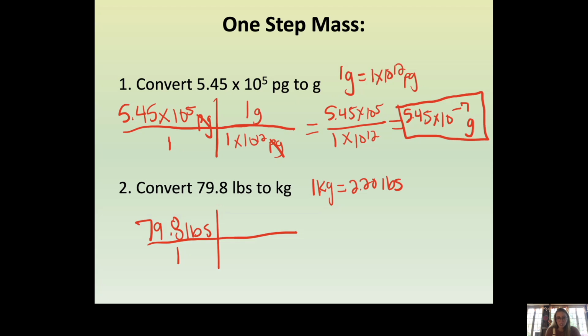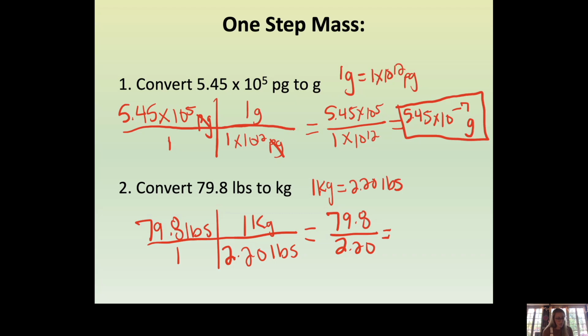Pounds, because it'll match on the diagonal. LBS, 1 kg. Multiply across, so I'm going to be left with 79.8, because 79.8 times 1 is itself, divided by 2.20 times 1.